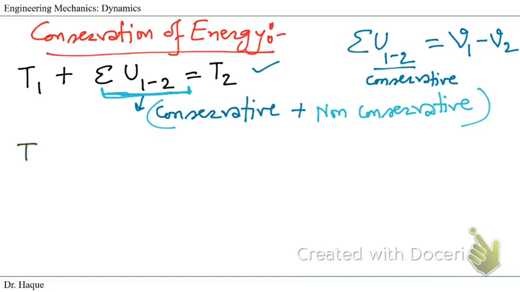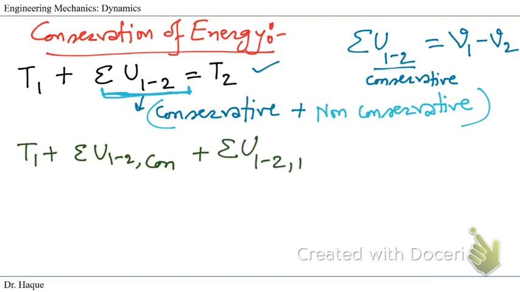T1 plus U12 for conservative, plus U12 for non-conservative, equals T2.